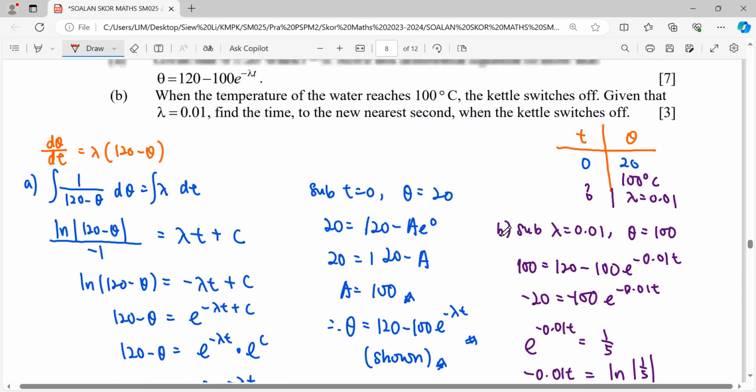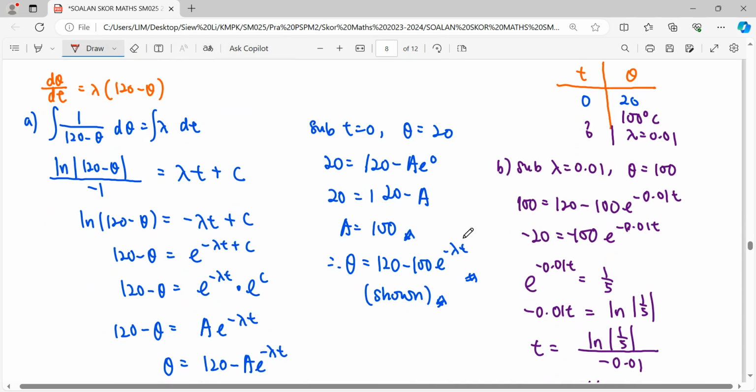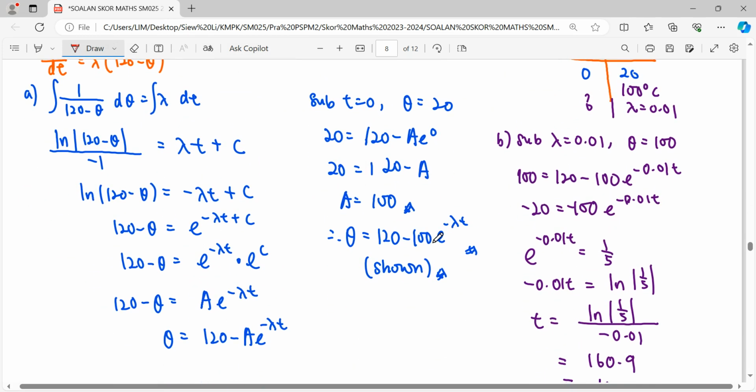Then we see what is important here for the first part. For the first part, we must be able to separate the differential equation and then integrate the left hand side using the formula for a fraction, which is divided by negative 1, the coefficient of theta. It is important.